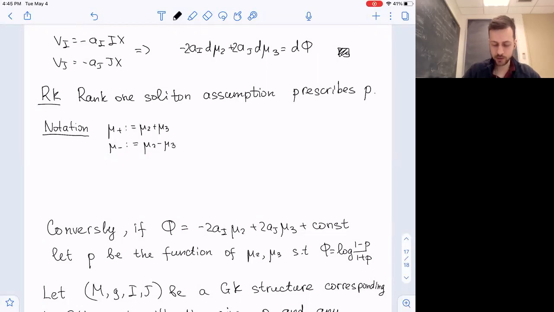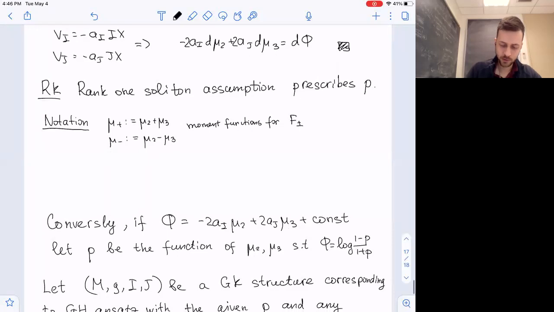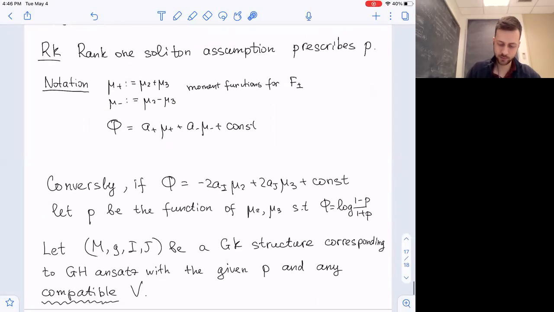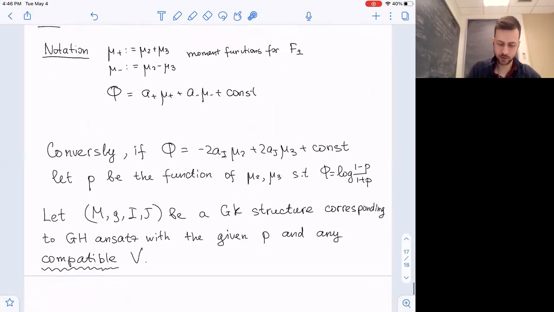From the point of view of generalized scalar geometry, these are moment functions for the two symplectic forms, F plus and minus. And then I will write that phi equals a plus mu plus plus a minus mu minus plus constant, where a plus and a minus are just expressed through ai and aj through this linear change of variables. It's not really important. It's just easier to write down most of the formulas which will appear.